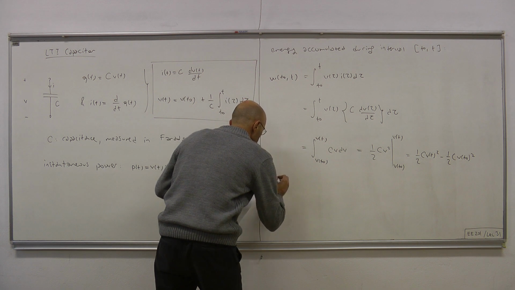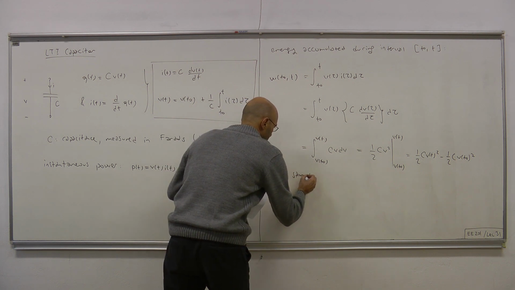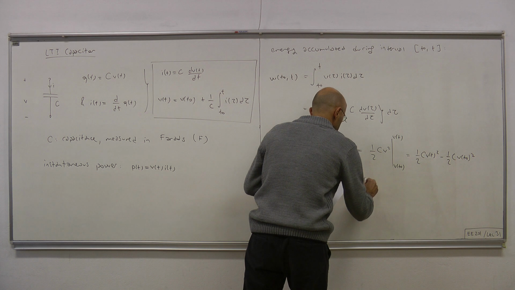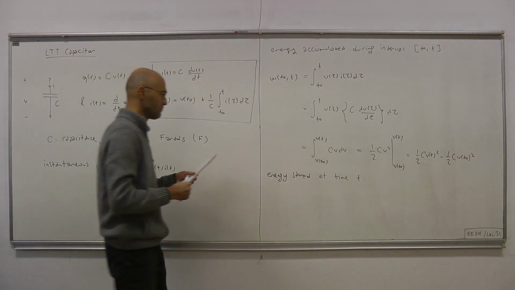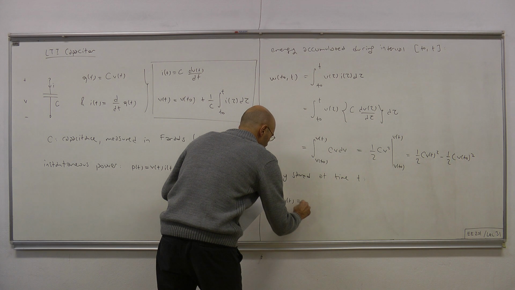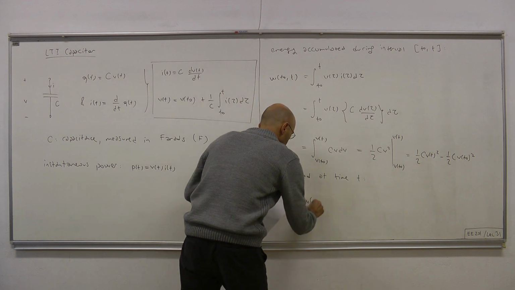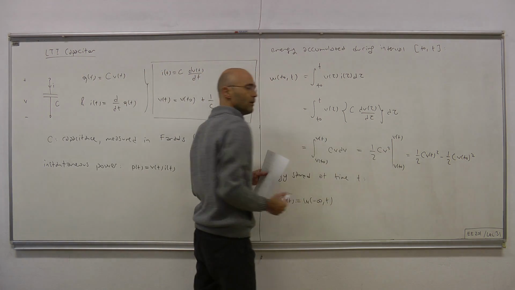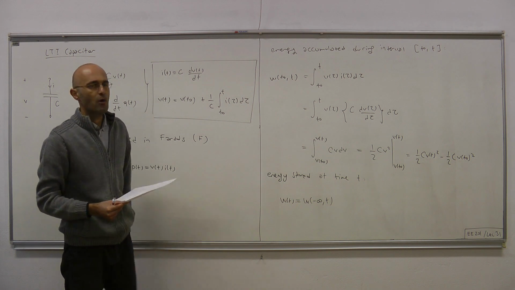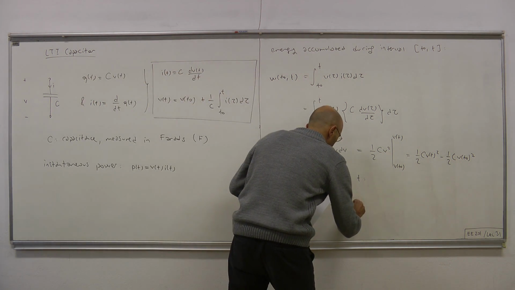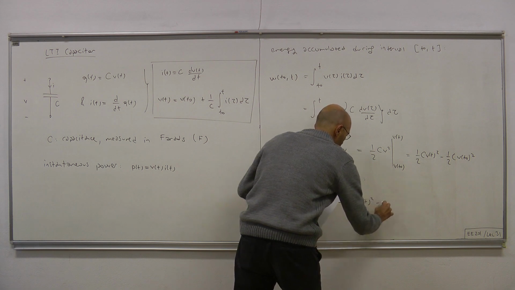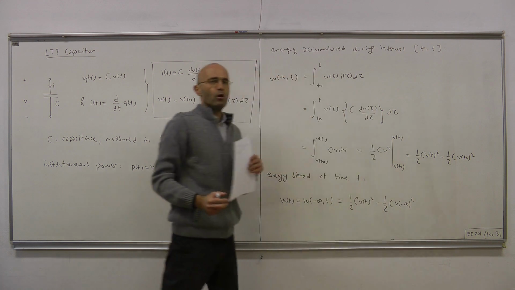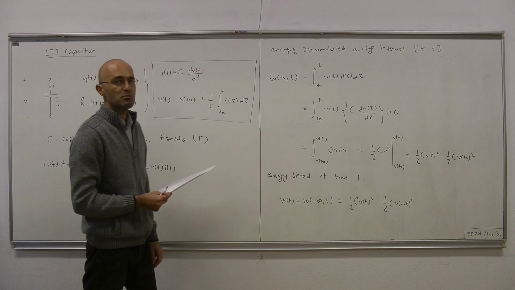And finally, let's remember what we mean by energy stored in a capacitor at time t. By definition, w(t) equals W from minus infinity to t. And that, if you apply it to the expression that we obtained, yields 1/2 C v(t) squared minus 1/2 C times the square of the voltage at t equals minus infinity.